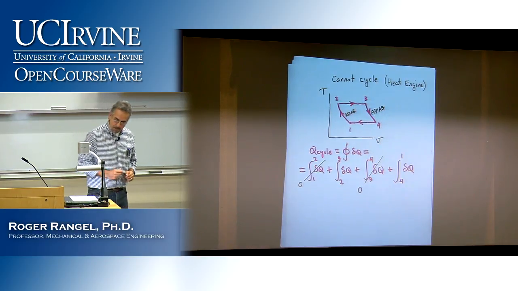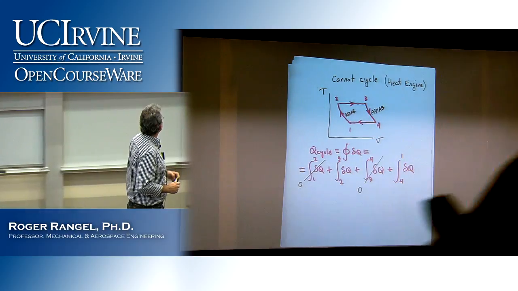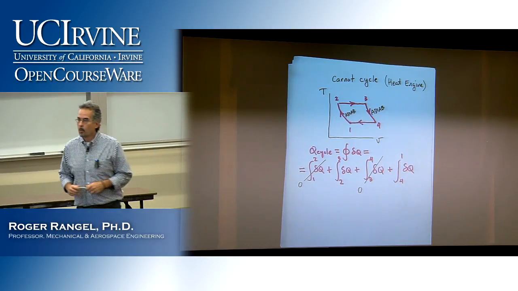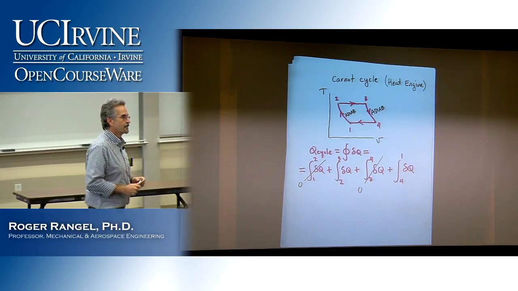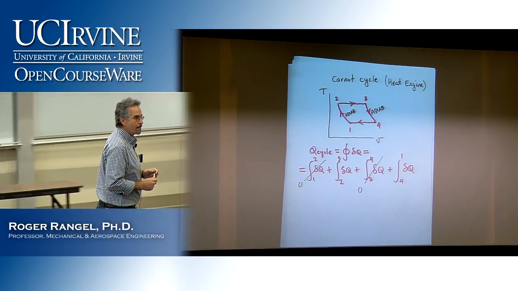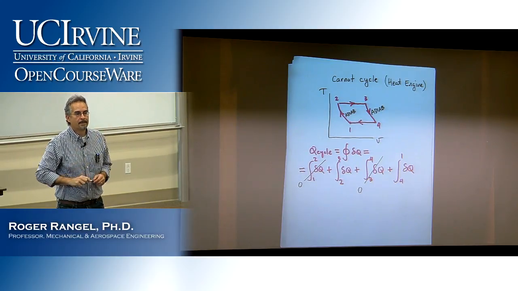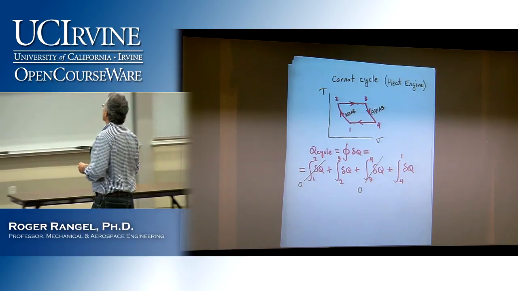All right, how about the other 2? Let's look at the first one. The integral from 2 to 3 of delta Q. Does anybody know what that might be? Anybody raise a hand? Just delta W?